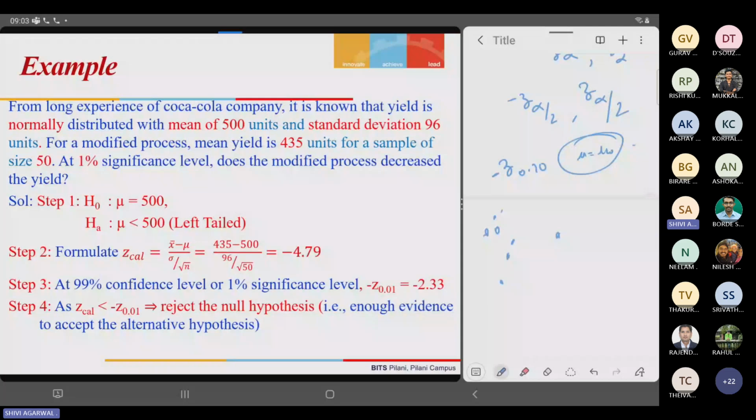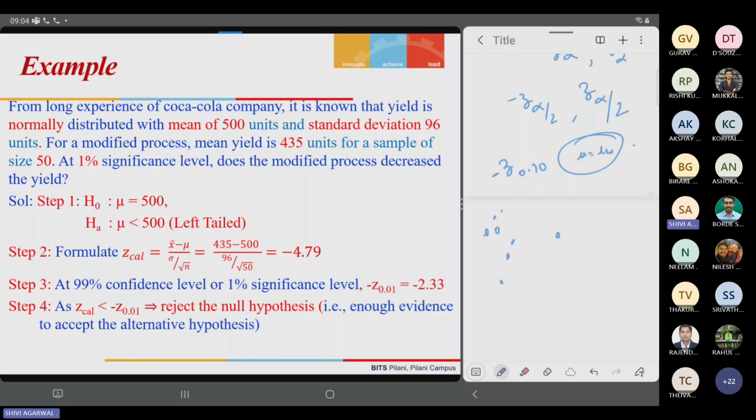Are the slides visible? Okay, fine. Yes, I am explaining the complete question.